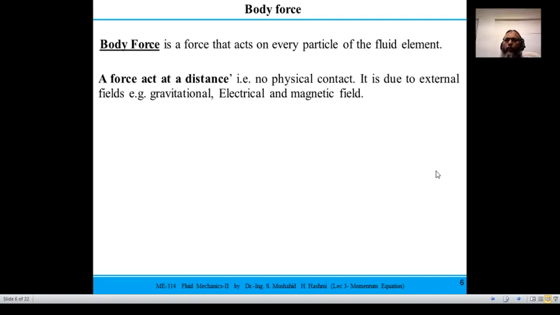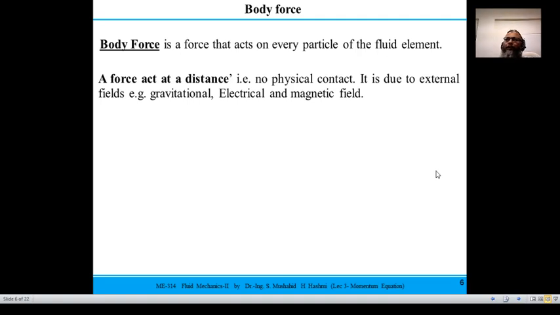As we know, we can broadly classify forces into two types. One is the force which acts at a distance, a force which does not require physical contact. For example, gravitational force: Earth attracts every body towards its center without any physical contact. The same goes for magnetic substances.